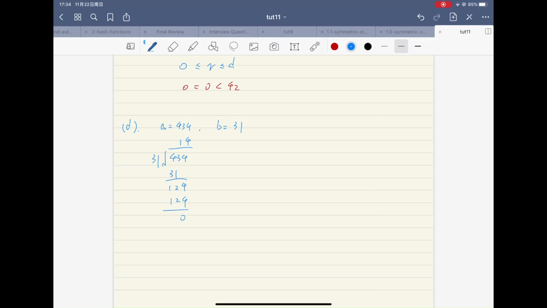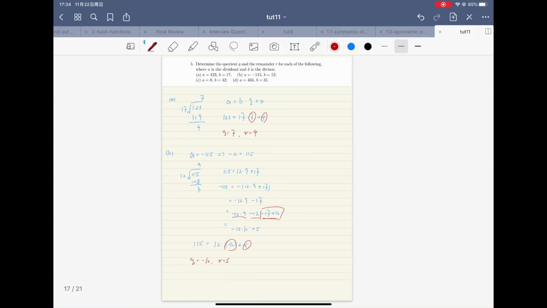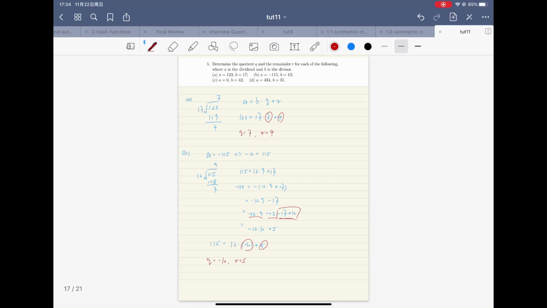We have the quotient is 14 and the remainder is 0. So 434 equals 31 times 14 plus 0. And 14 is the quotient and 0 is the remainder. So Q equals 14 and R equals 0. That's the question 5. We just use the long division for this question.